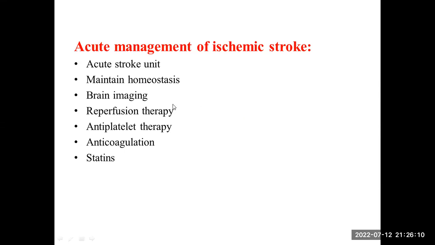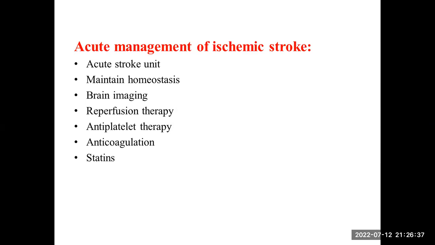In general, the endovascular reperfusion can be considered only if you have ischemic stroke due to occlusion of the proximal parts of the cerebral circulation. That is, if there is occlusion of the proximal part of the anterior circulation or occlusion of the proximal part of the posterior circulation. For example, if you have occlusion of the internal carotid artery or occlusion of the proximal part of the middle cerebral artery or occlusion of the vertebral artery in the posterior circulation.